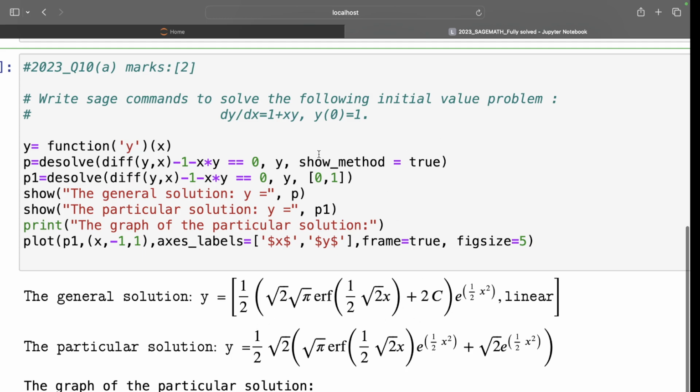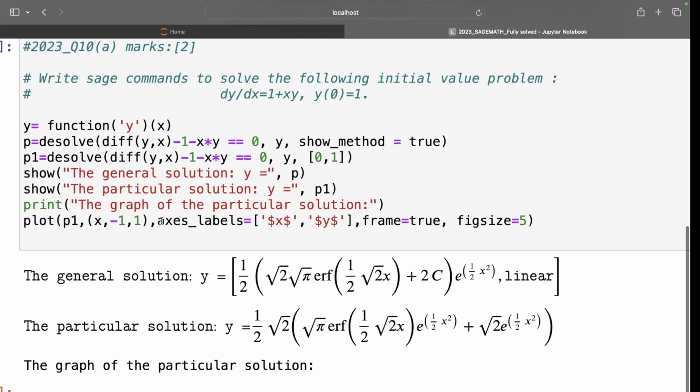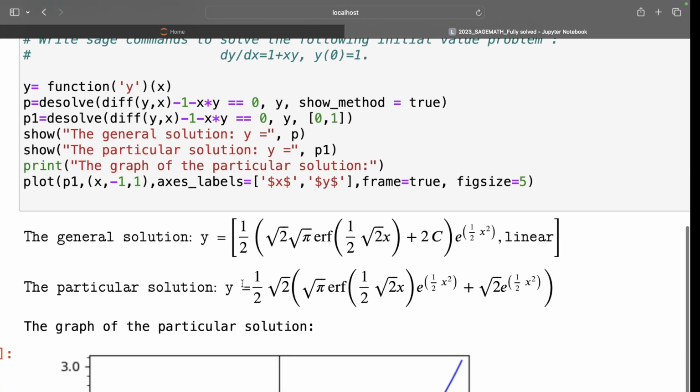And this is the show method true. This is a linear differential equation. For the particular solution P1, put y(0) equal to 1, so you get the value of C for this initial condition. We draw the graph of this particular solution: plot P1, the graph of the solution P1.